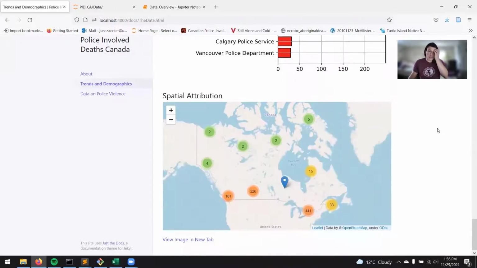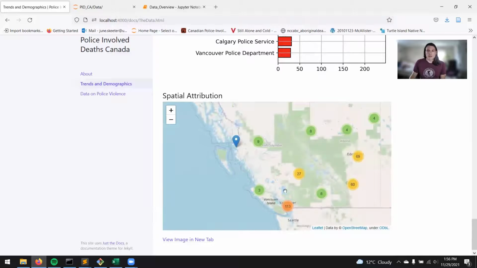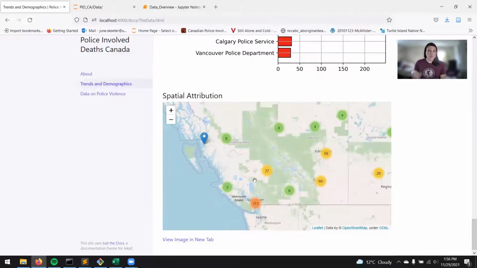One of the things that I'm working on now is spatial attribution of these incidents. I've used geocoding, the technique that I showed you all last week, using Python and Mapbox to provide spatial attribution for these incidents. It's an ongoing process. I'm still working on tracking down a lot of the information here.